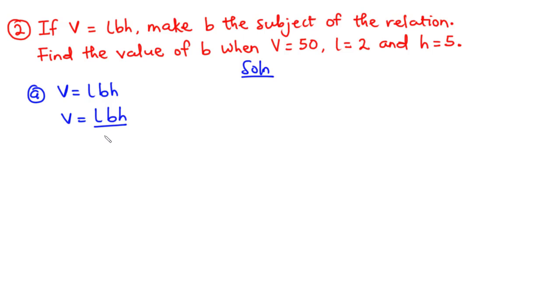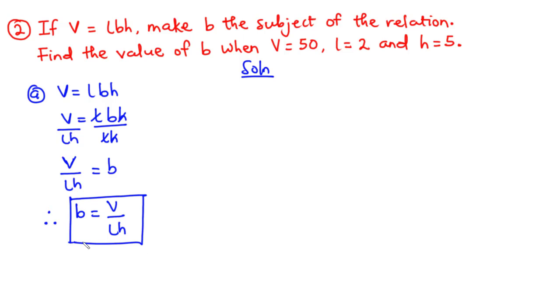We divide through by l and h on both sides of the equation. l cancels out l, h cancels h, and then we have v over l times h equal to b. Therefore, b is equal to v over lh. So this is the subject of the relation.